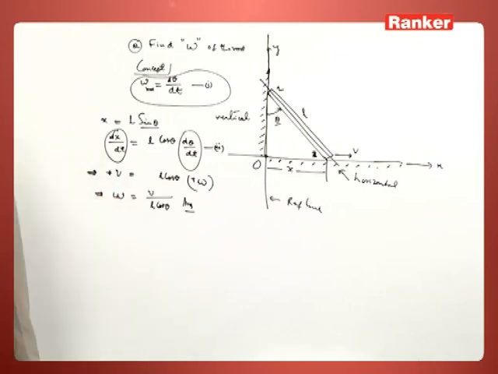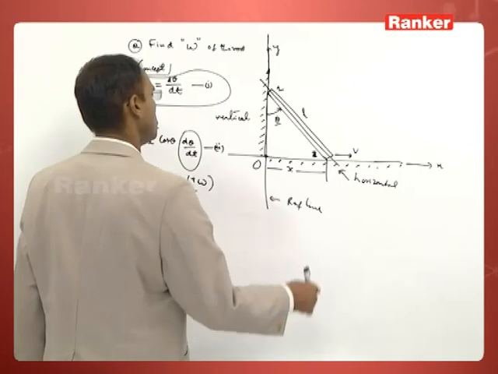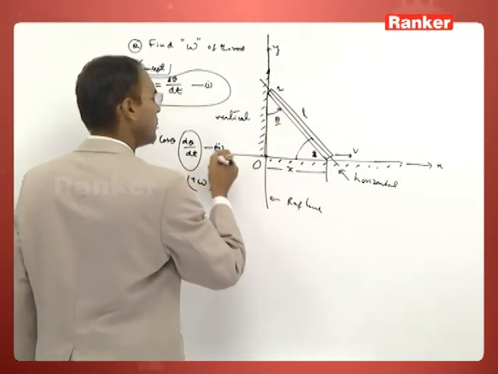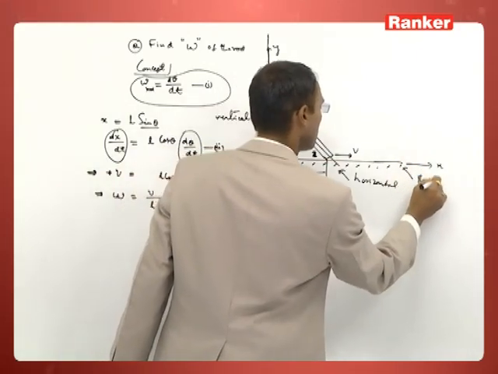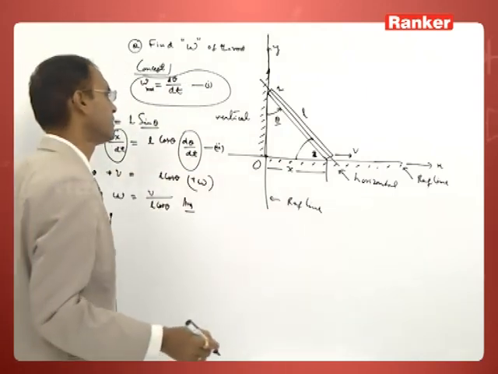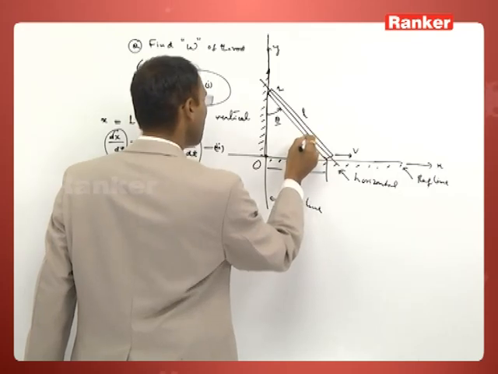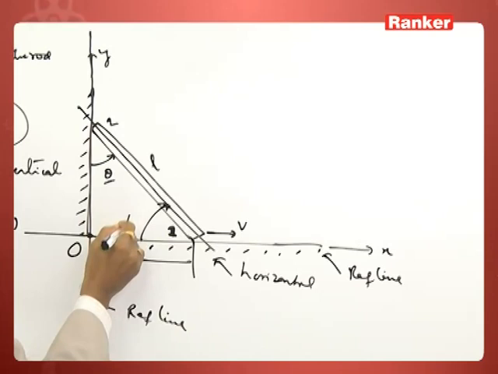So, in this problem, you may take the x axis as a reference line if you wish, and with respect to the reference line, let the rod make an angle, suppose beta.